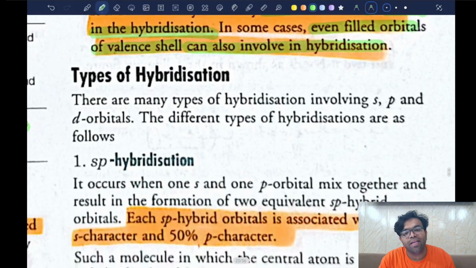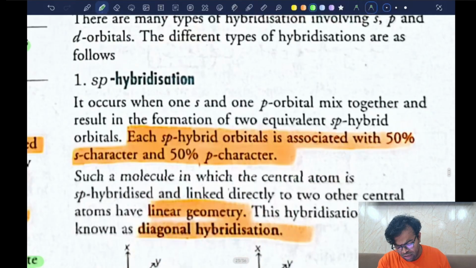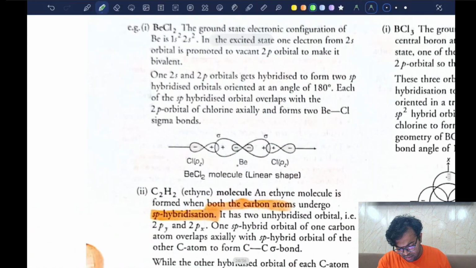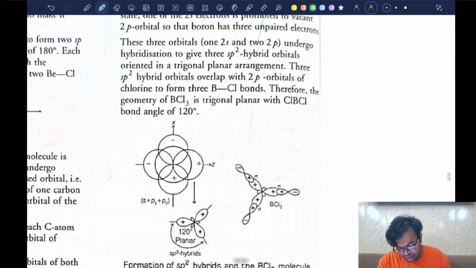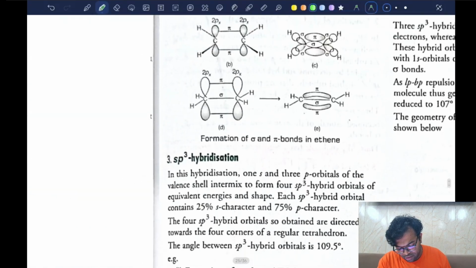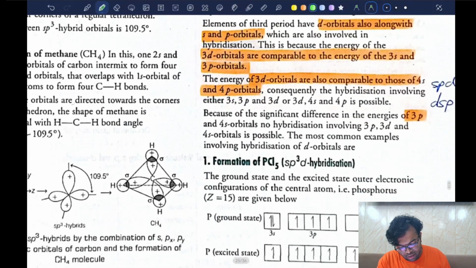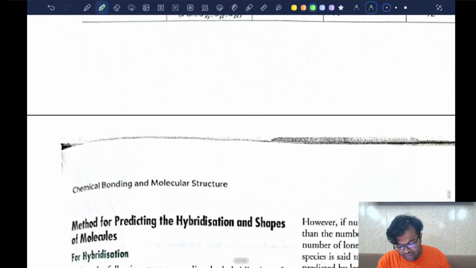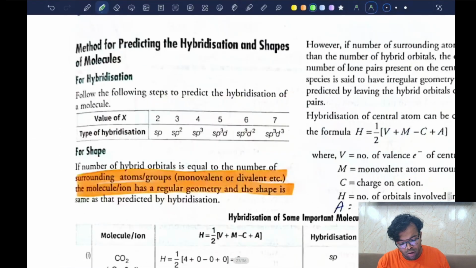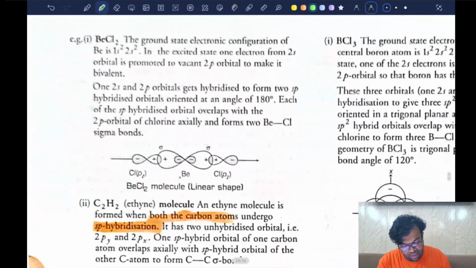Now, what are the various types of hybridization? You have the sp, sp2, sp3, and the sp3d and sp3d2. That's it. Those are all the hybridizations that you're going to learn here. You're not going to learn other fancy hybridizations.